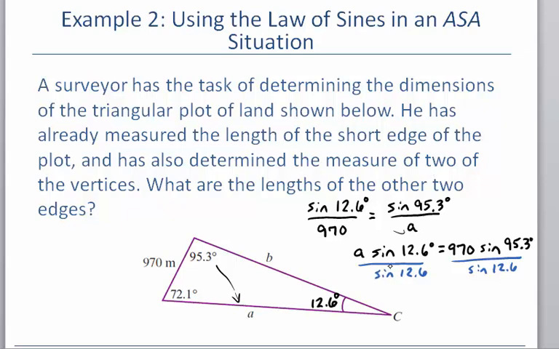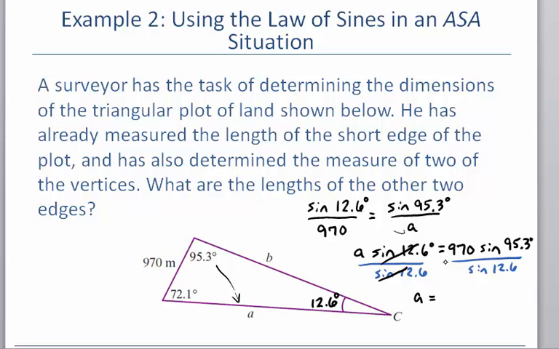And in doing so, it's going to cancel, leaving me just an A on the left and an expression that I can put in my calculator on the right. So I'm going to enter in 970 times sine of 95.3, and then I'm going to divide that result by sine of 12.6.